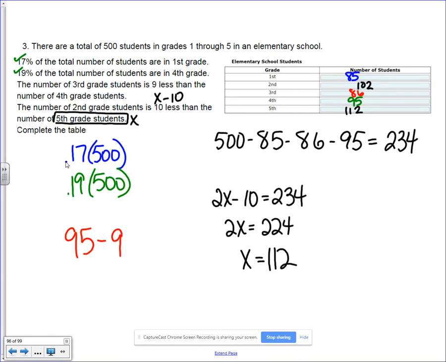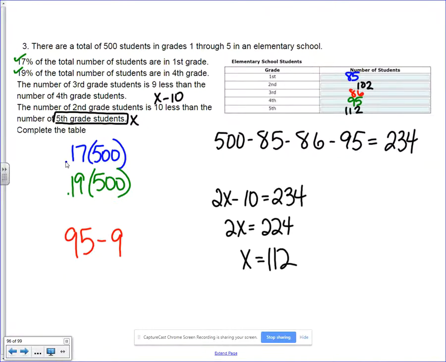Let's take a look. 0.17 times the 500 gives me 85 first grade students. That looks good. 0.19 times the 500 gives me 95 fourth grade students. That looks good. The number of third grade students is 9 less than the number of fourth grade students.